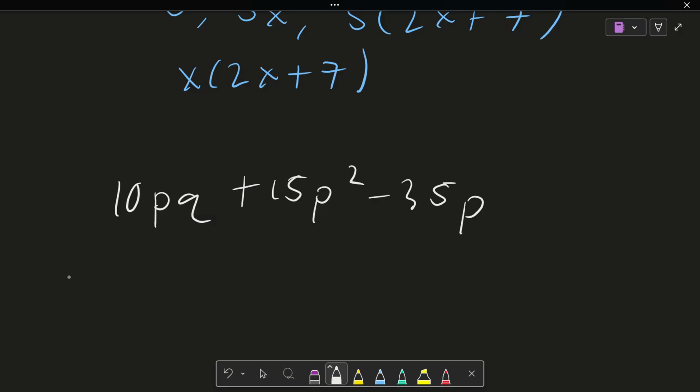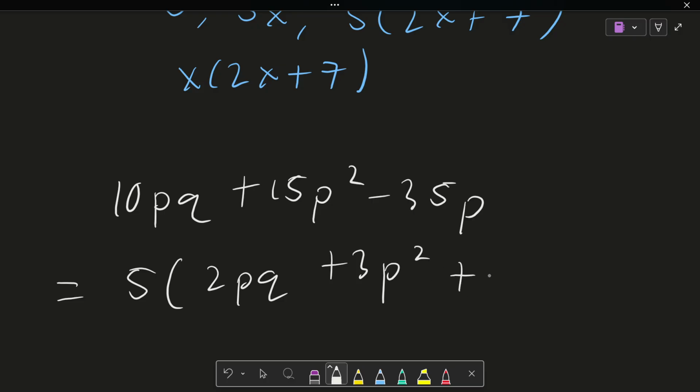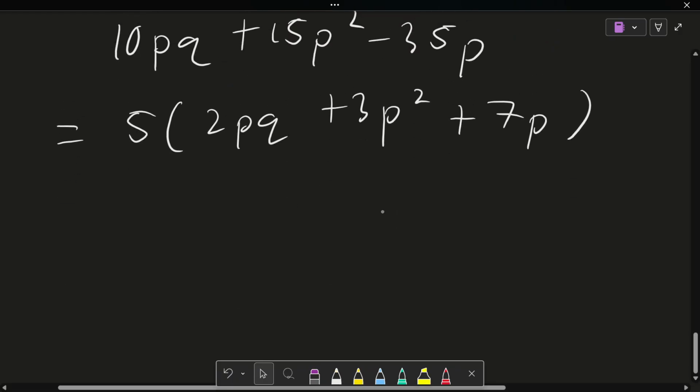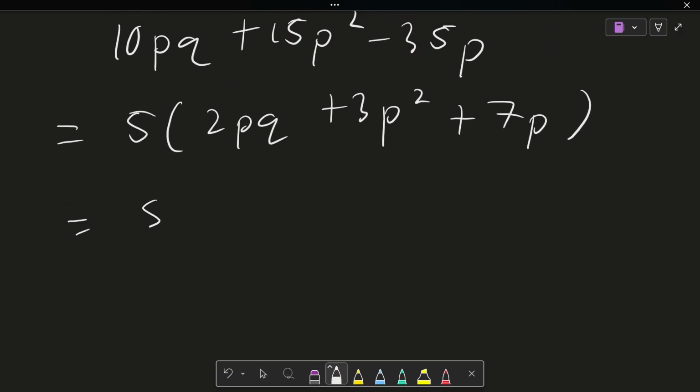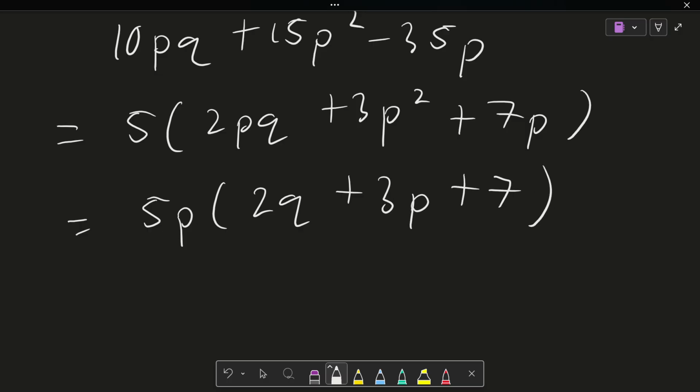First of all, this is equal to 5 times 2pq plus 3p squared minus 7p. This can also be written as 5p times 2q plus 3p minus 7.